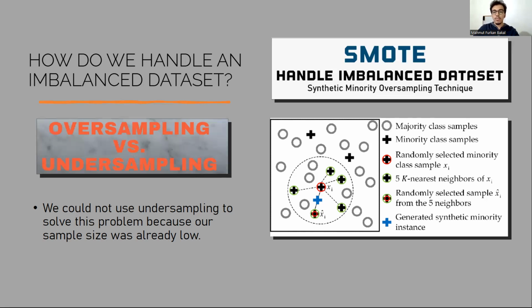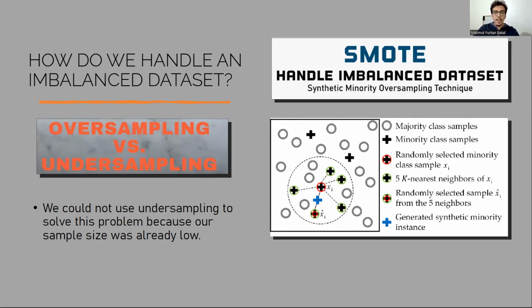And we use the SMOTE oversampling technique, which is the Synthetic Minority Oversampling Technique. How does it work? As you can see on the graph, the circles represent majority class samples, and the plus signs represent minority class samples. In SMOTE, we randomly select a minority class sample, and after that, we find its KNN neighbors.